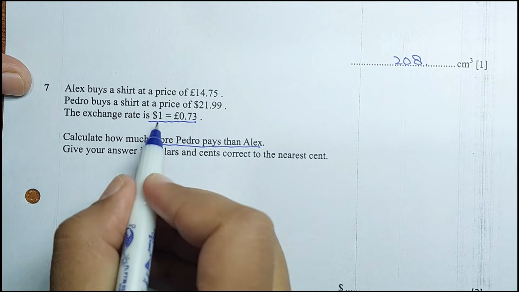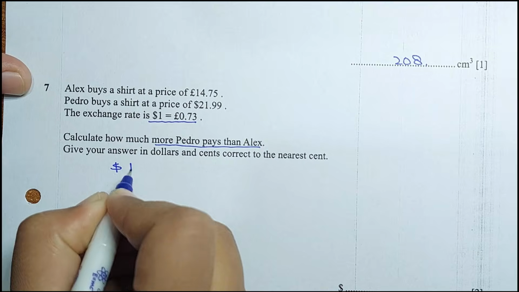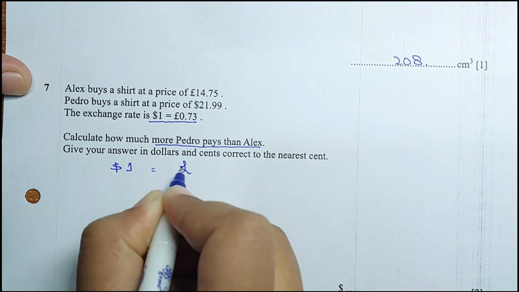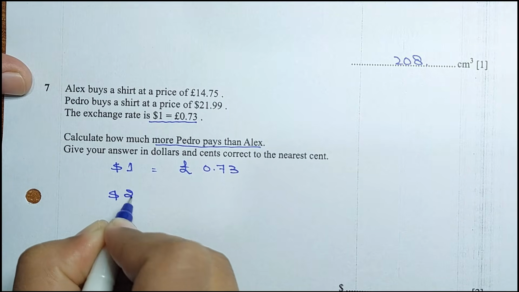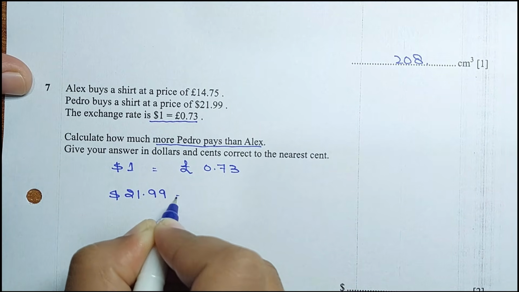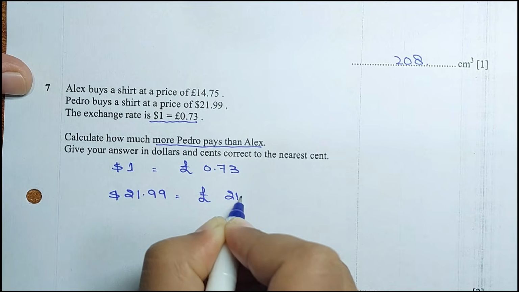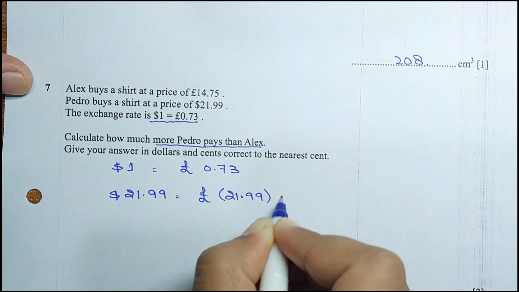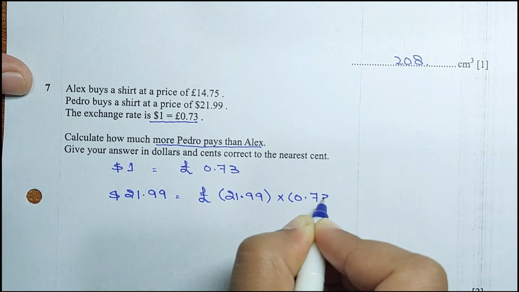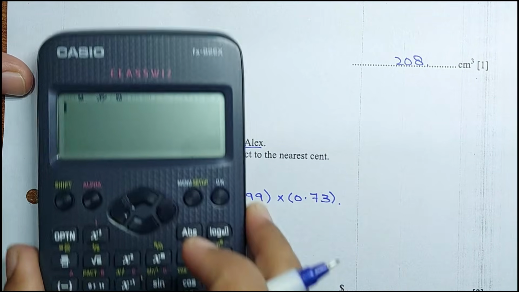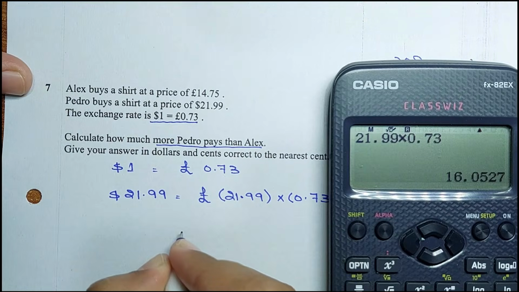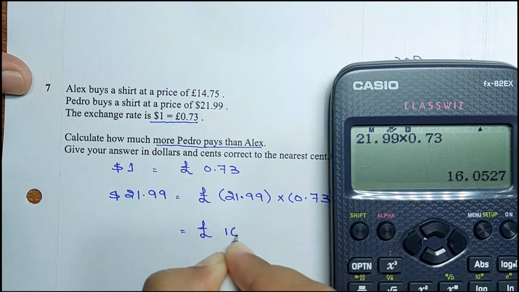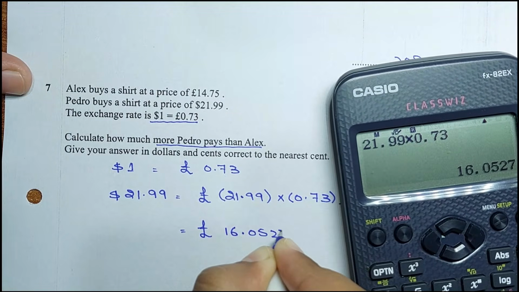Okay. So we are given that $1 is equal to 0.73 pounds. What about $21.99? This is 21.99 times 0.73. All right. 21.99 times 0.73 is this much in pounds: 16.0527.